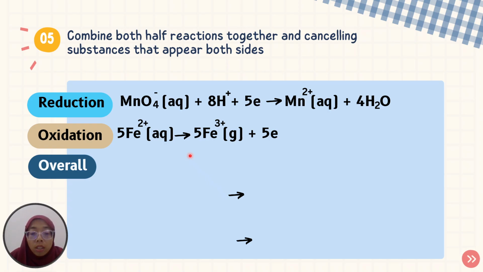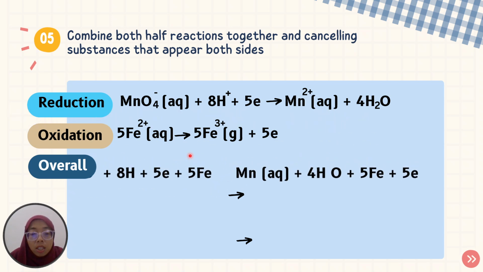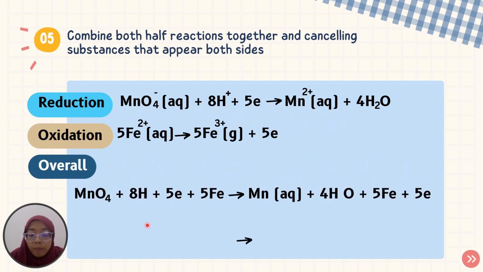Okay, so write the reactant part first. The overall reaction now is MnO4 minus plus 8H plus plus 5 electrons plus 5 Fe2 plus, producing, for the product, we take the products of both half reactions: Mn2 plus plus 4H2O plus 5 Fe3 plus plus 5 electrons.